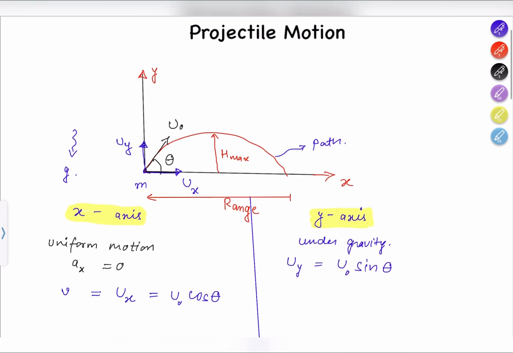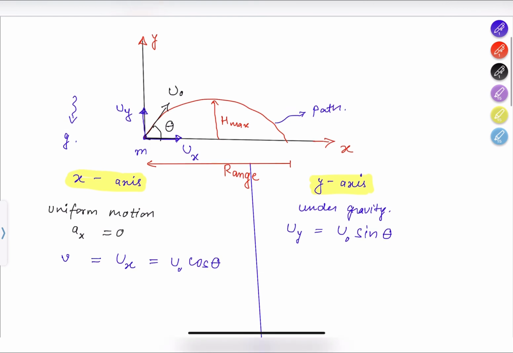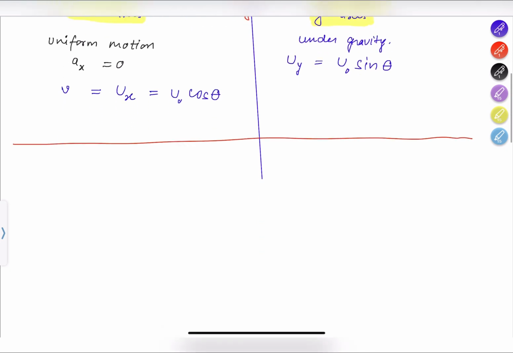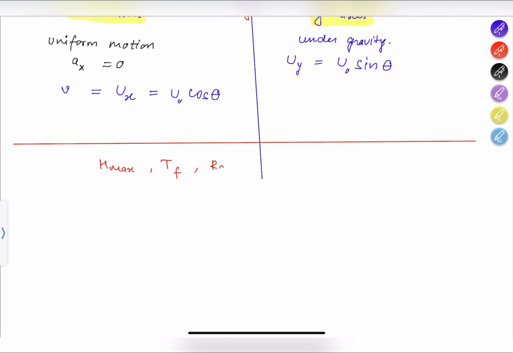Let's see how to derive these two quantities. Another thing is how much time it will take from here to here. So we will work on three parameters: h max, the time of flight, and the range, how far it goes along the x-axis. Okay.